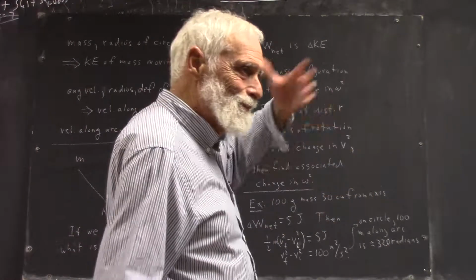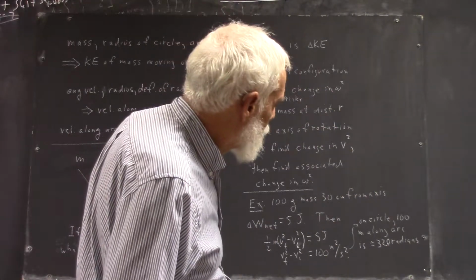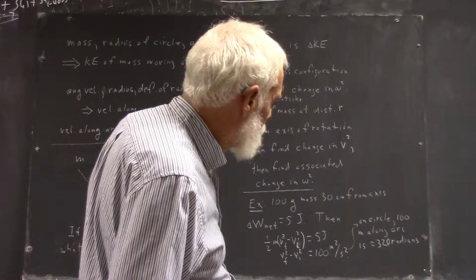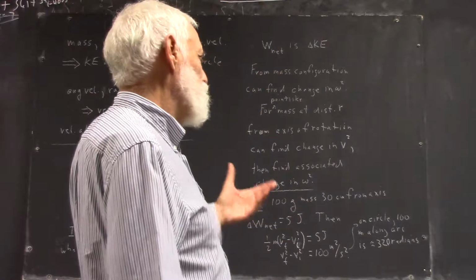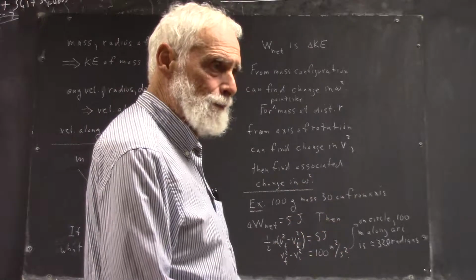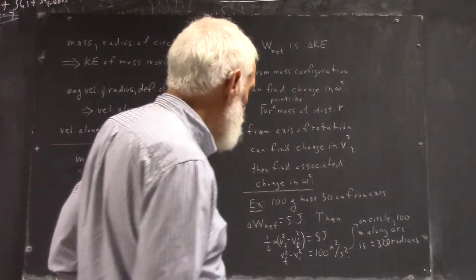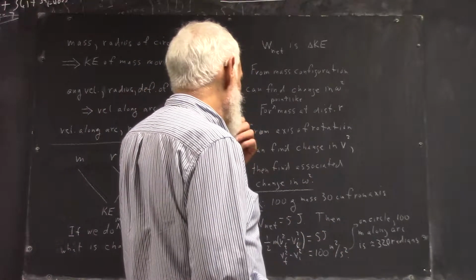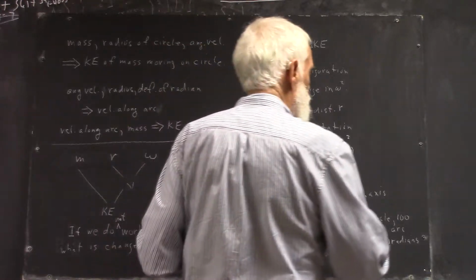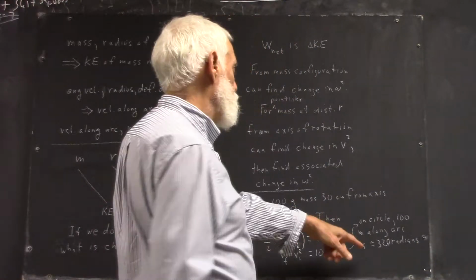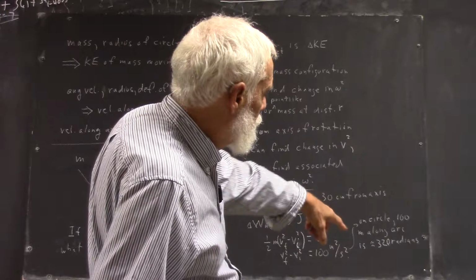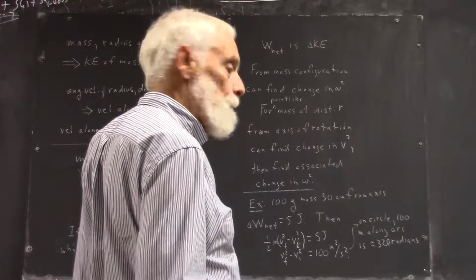Okay? And it might be closer, 320, 330 rounded to the nearest 10, somewhere in there. And I think it's actually going to be 330. So anyhow, you correct that, but it's 320 radians, okay?